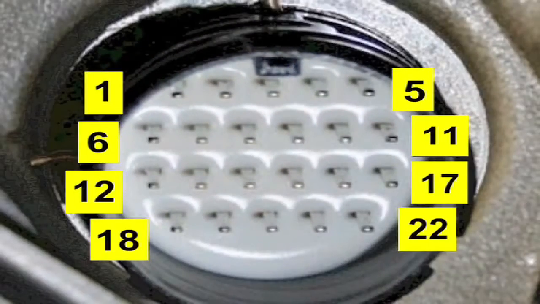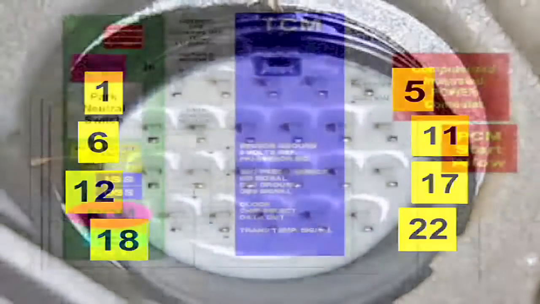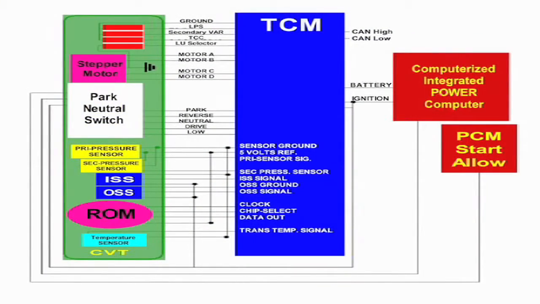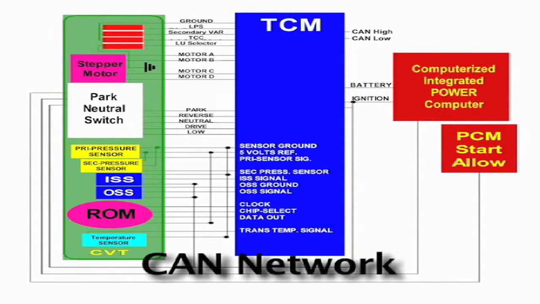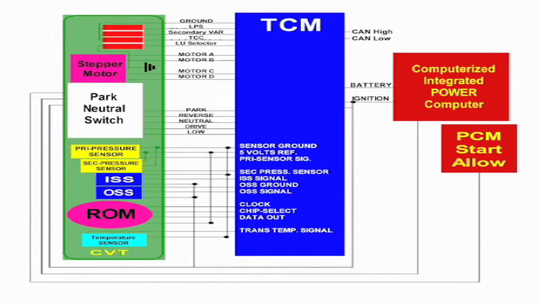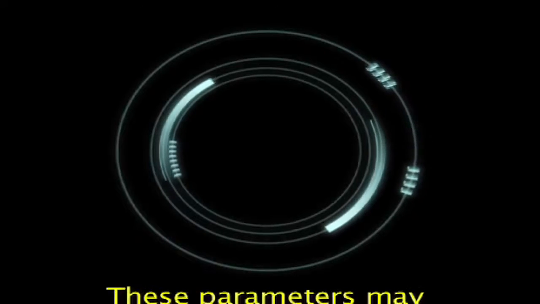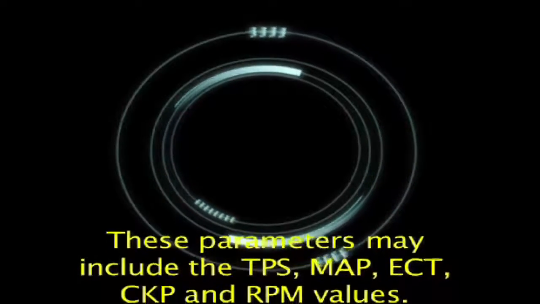The transmission connector has 22 pins, but not all of the pins are used. The JATCO CVT-equipped vehicles use the Controller Area Network, or CAN, for inter-module communications, so all kinds of parameters are interchanged through the CAN network. These parameters may include the TPS, MAP, ECT, CKP and RPM values.